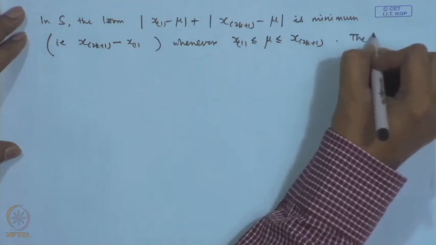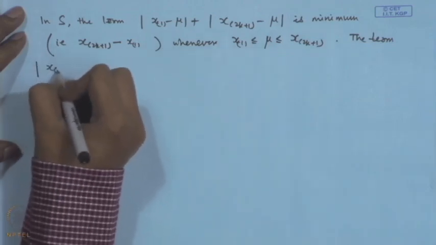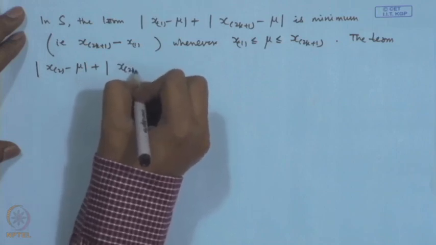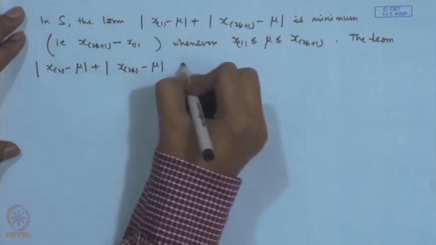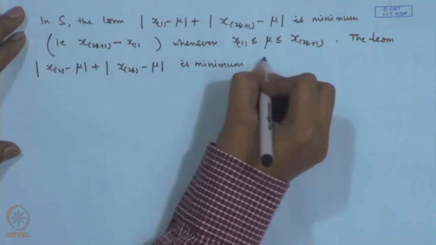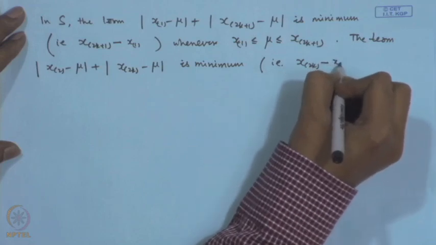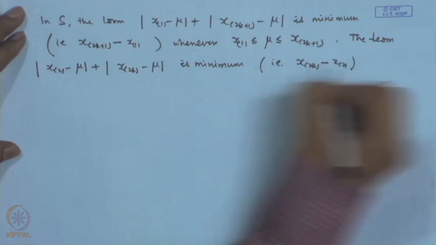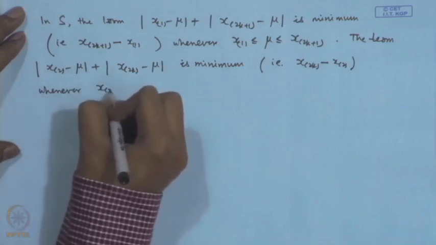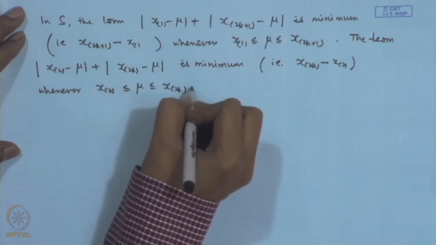Similarly, the term x_2 minus mu plus x_2k minus mu, this is minimum and of course, the minimum value will be x_2k minus x_2 whenever x_2 is less than or equal to mu less than or equal to x_2k.